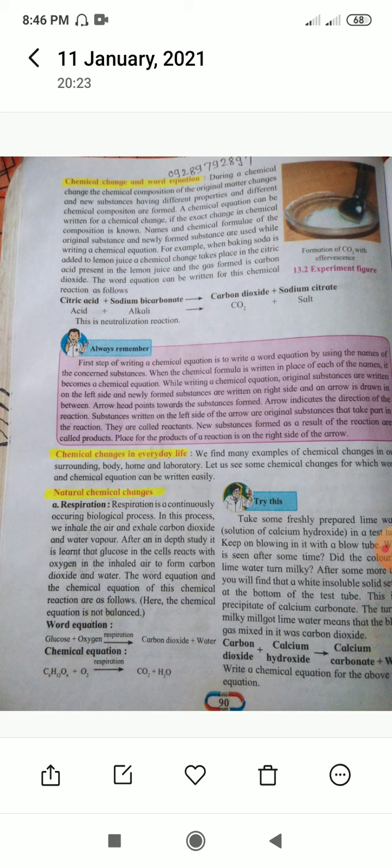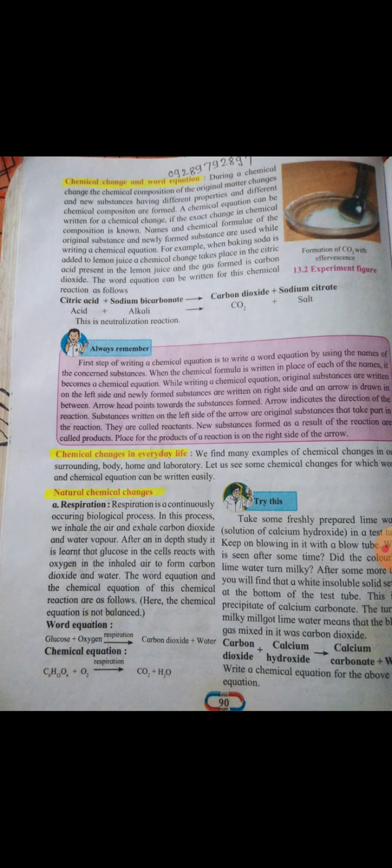The oxygen is present in inhaled air and respiration takes place, and from that carbon dioxide is formed in the exhale process, and the water vapors. And its chemical equation: C6H12O6, it's glucose. O2, it's oxygen. It gives carbon dioxide CO2 and water vapors H2O.